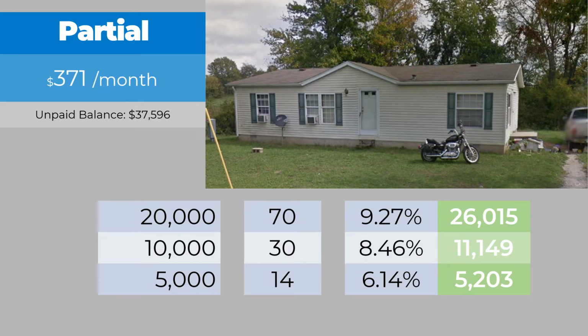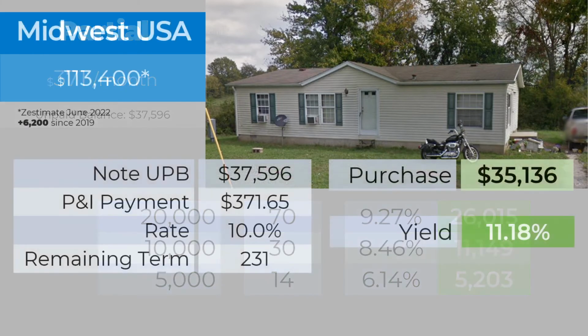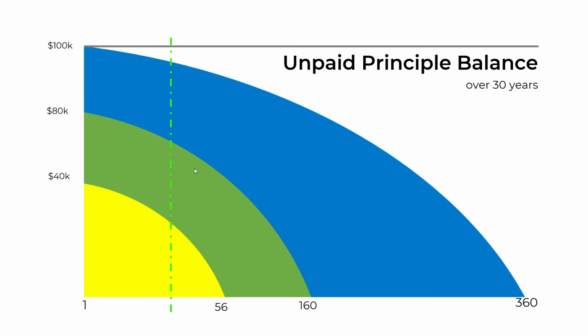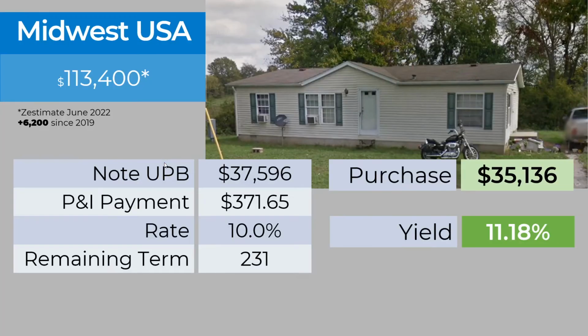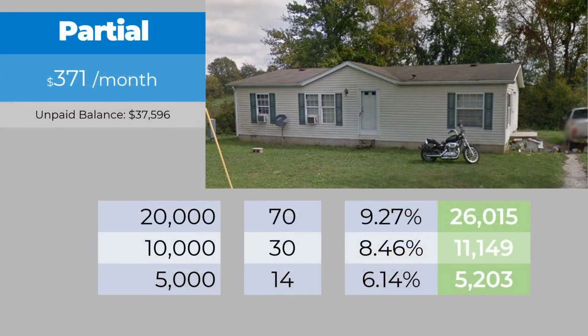But just understand that the partial owner doesn't have this section at risk, so their yield is obviously going to be a little bit lower because it's a more stable position.